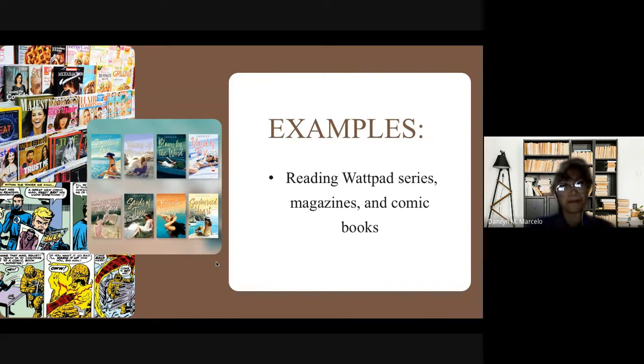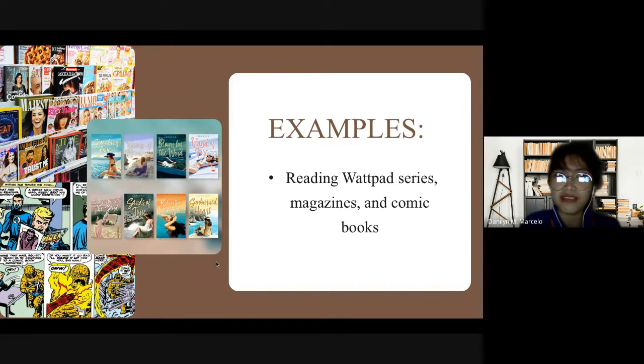So when you are reading your favorite book or your favorite Wattpad series, we don't mind the grammatical structures or errors. Instead, we are focusing on the storyline. That's how extensive reading works.